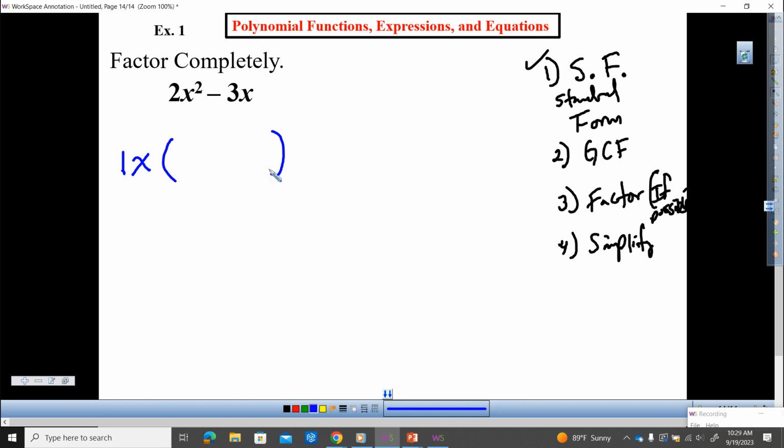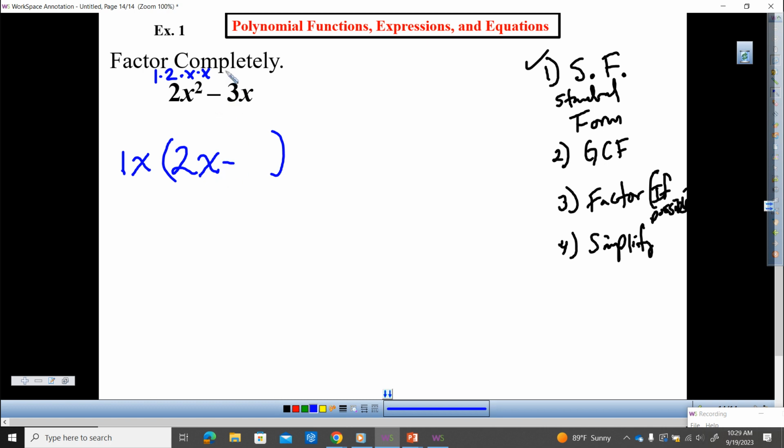All right, so here we go. Since 2 is the same as 1 times 2, I already took out the 1, and I'm left with what? 2. How about x squared? It's what? X times x. We took out 1x, so we're left with x. Negative.